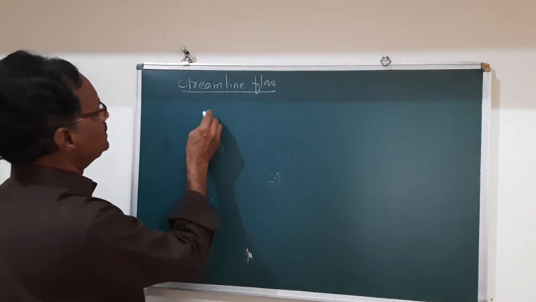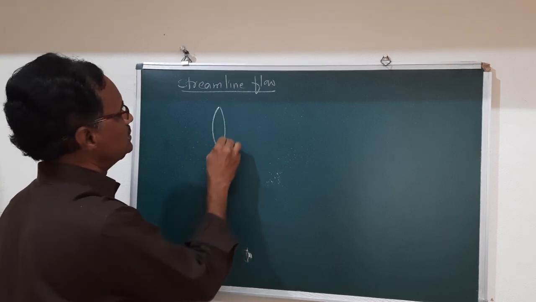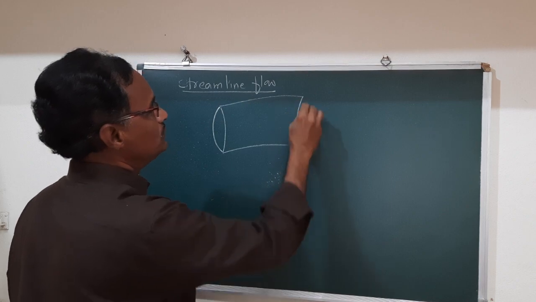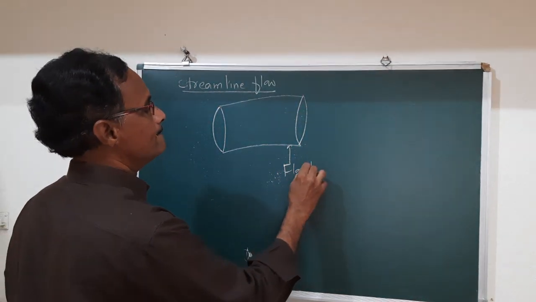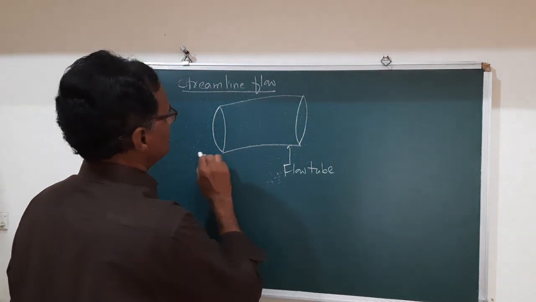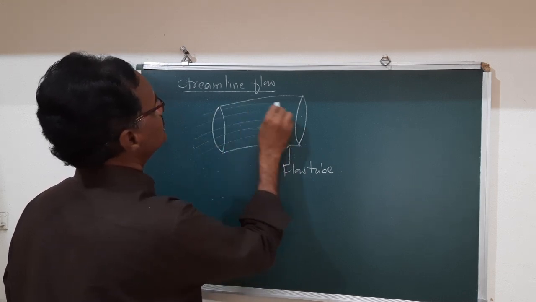Now if you consider a flow tube, suppose this is a tube, we call it a flow tube. Now there is a flow of fluid inside this tube.